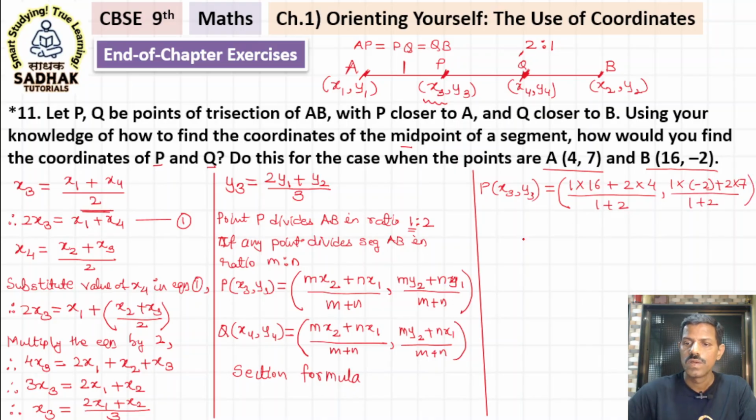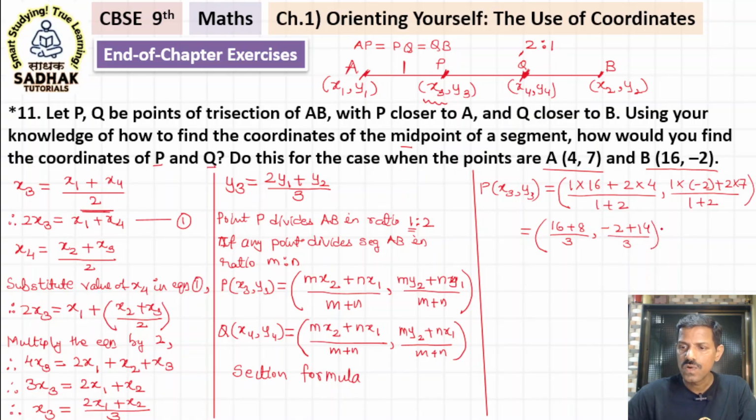So if we simplify this, 1 into 16 is 16, plus 2 multiplied by 4 is 8, divided by 1 plus 2 is 3, and here 1 multiplied by minus 2 is minus 2, plus 2 multiplied by 7 is 14, divided by 3.